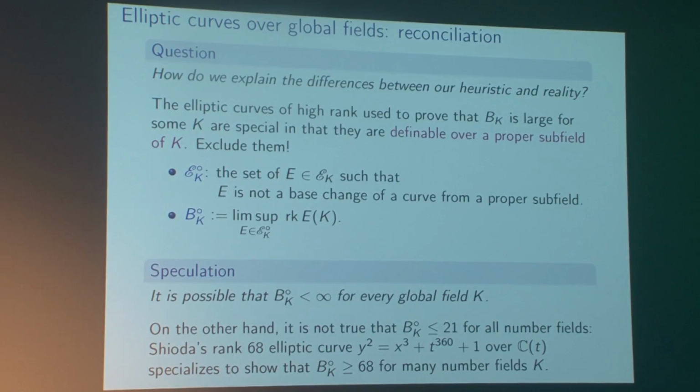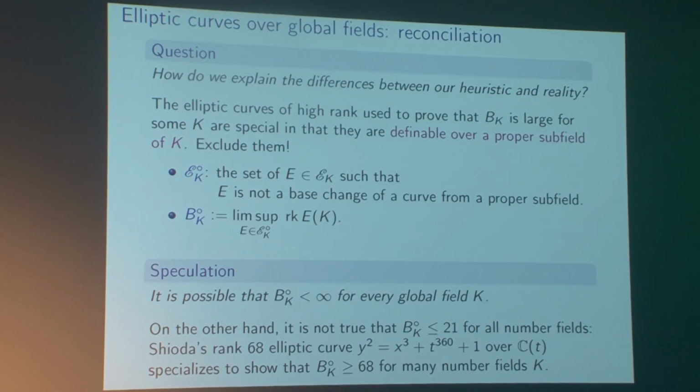So our proposal to fix this is to exclude all such curves. If you want to study elliptic curves over a number field K, you should take elliptic curves that are really defined over K, not ones that come from some smaller field.